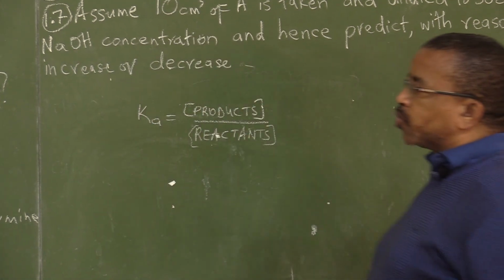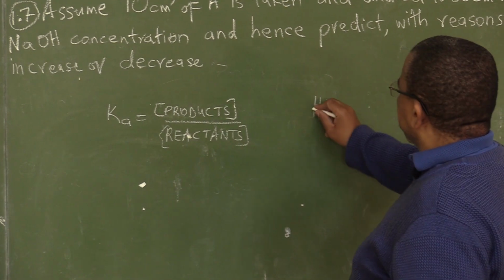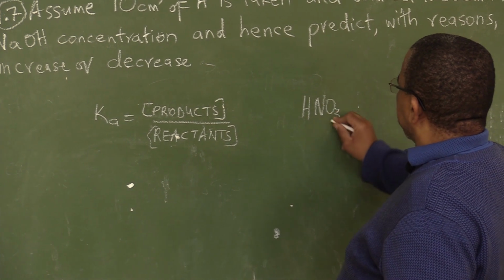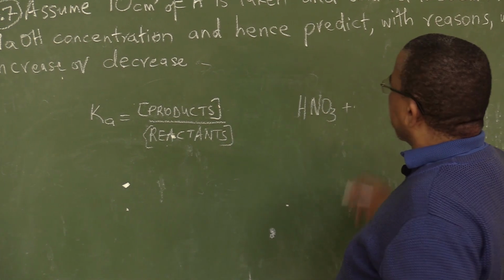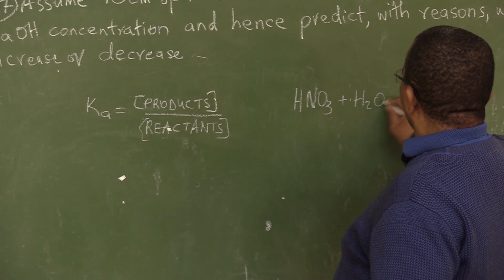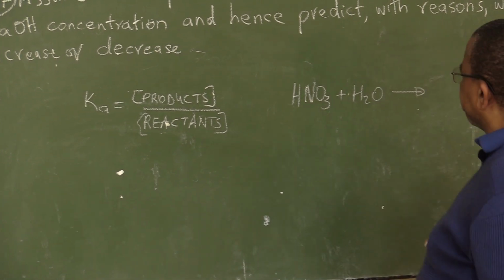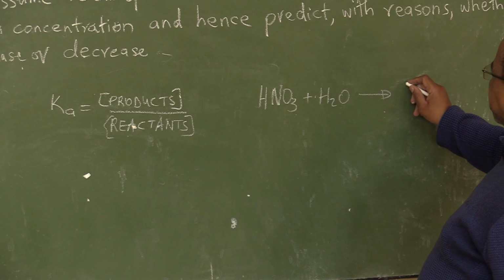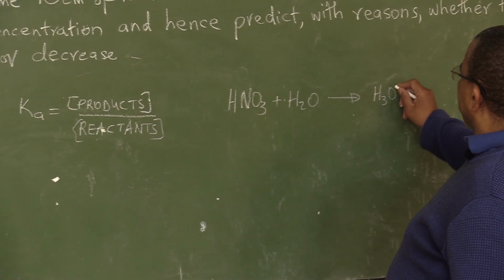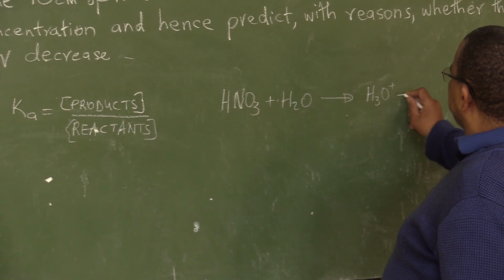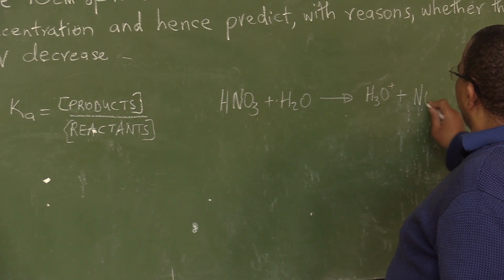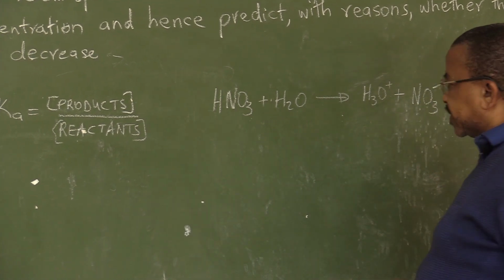Let us look at the first one, HNO3 in water. Once it reacts with water, it forms what? It forms H3O plus plus NO3 minus.